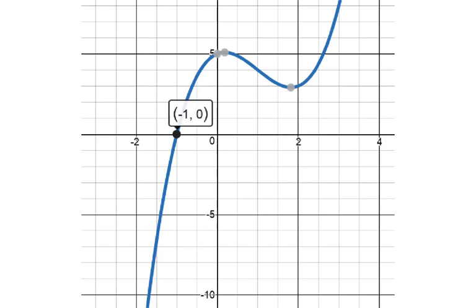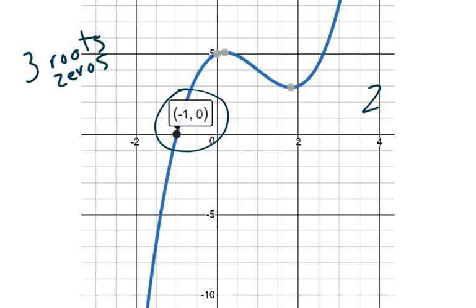So here's our second graph. Okay, now notice we should have 3 roots, or 3 zeros. Okay, or 3 x-intercepts. We've only got 1 showing up. Okay, that means that our other 2 are going to be imaginary because they won't show up on a regular graph. So we can use what we did in the first 3 to figure out the other 2.